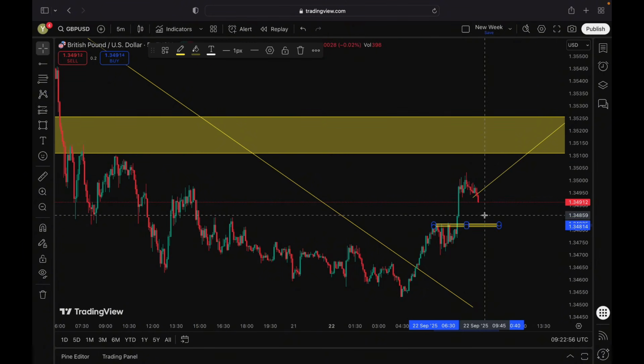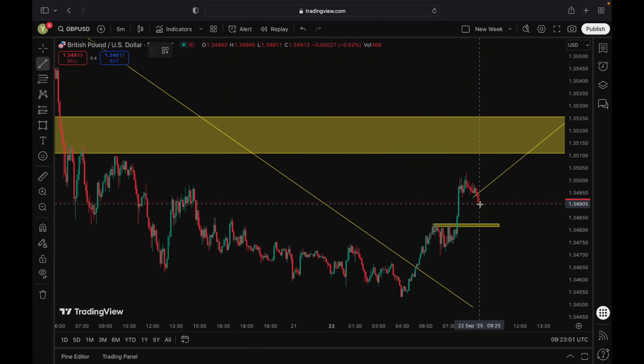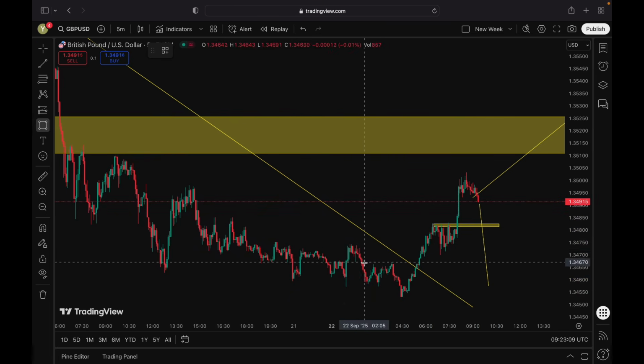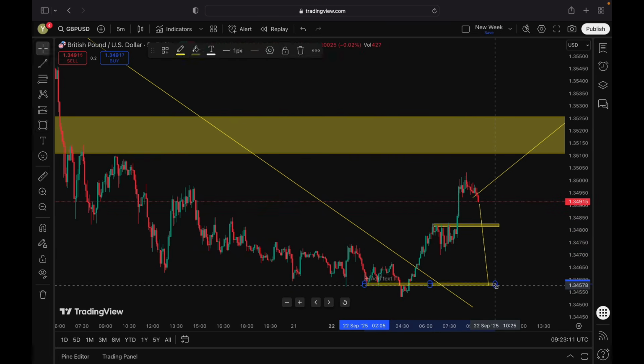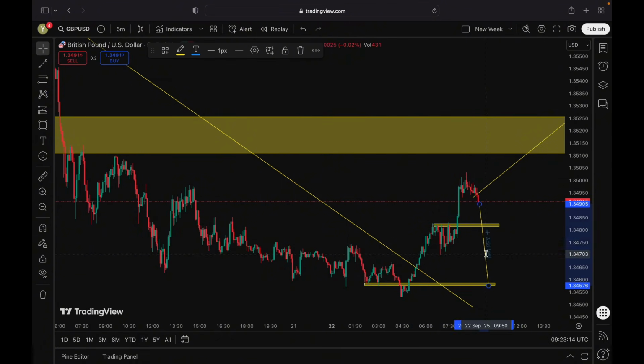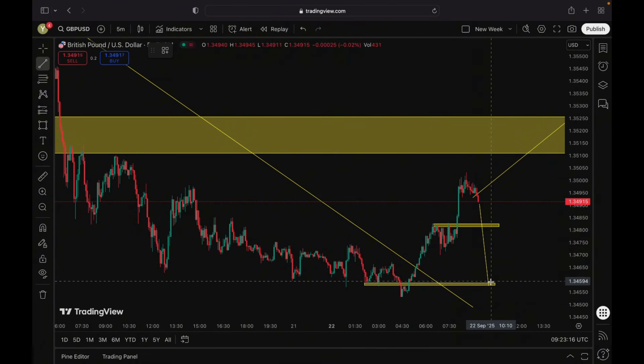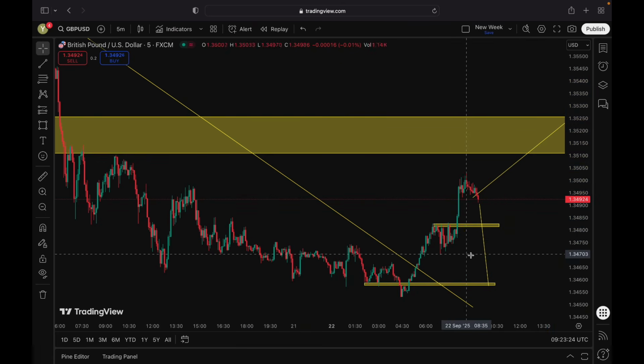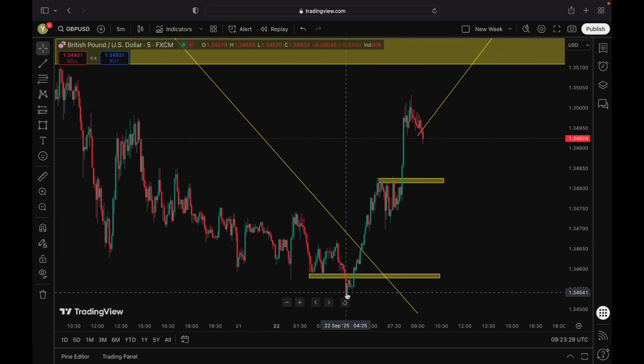Look, we can have something like this, price comes down, takes out this liquidity, taps this inducement level, then guess what? It goes up. So we have a temporary buy and a permanent sell. So that is the idea behind multiple time frame analysis.